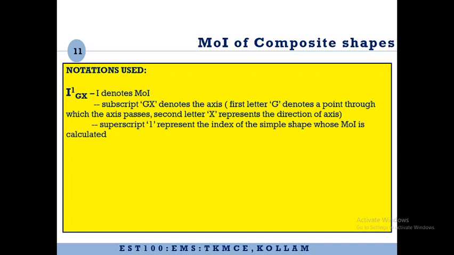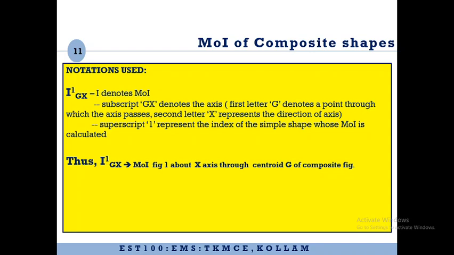The superscript 1 represents the index of the simple shape whose moment of inertia is calculated. So Igx of 1 means moment of inertia of figure 1 about the x-axis through the centroid of the composite figure. G means centroid of the composite figure. Once again, Igx of 1 means moment of inertia of figure 1 about the Gx axis.